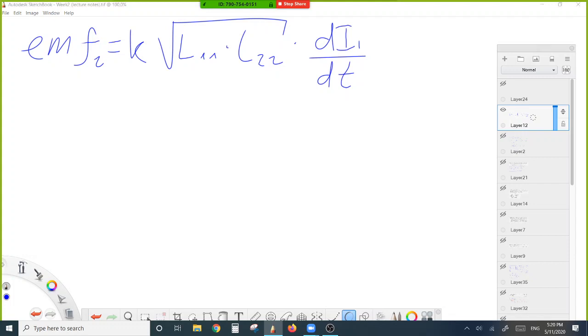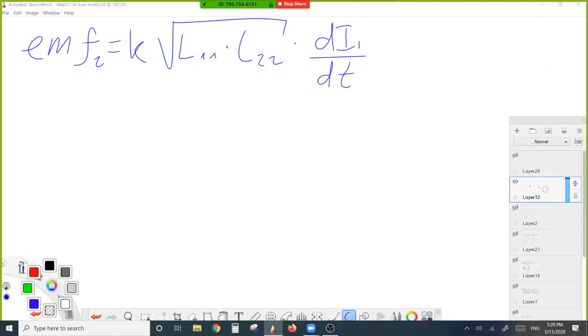So in our case, L11 and L22 are equal. They both are equal to 10 to the minus 2. So from the square root, we get 10 to the minus 2.